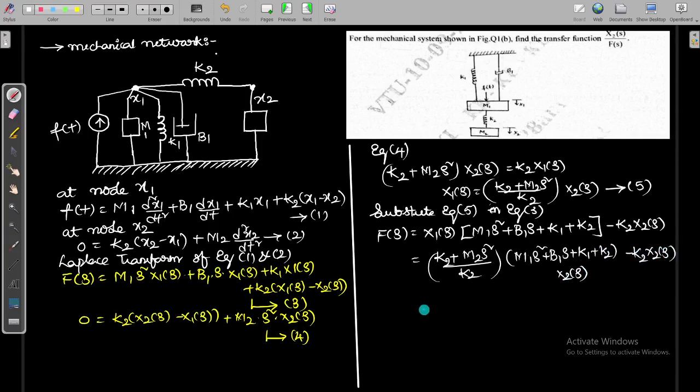Now the entire equation is in terms of F(s) and X2(s). So take out X2(s) as common.